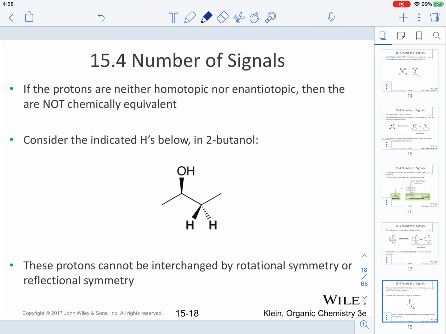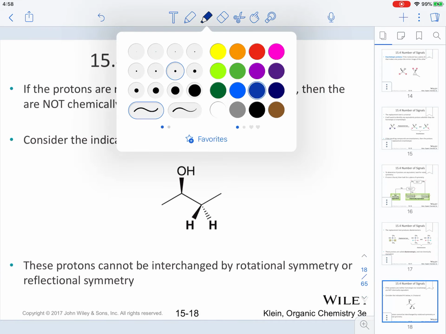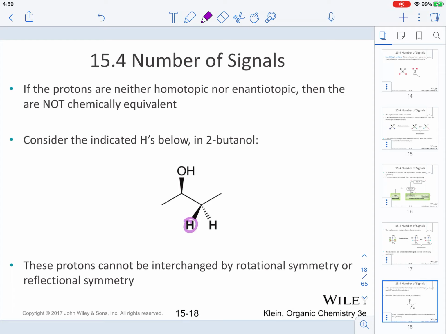We have two protons that I'm highlighting in purple. And as you can see, specifically in this molecule, we have an existing chiral center, which I'm going to highlight in green. So this carbon atom, it is already a chiral center.